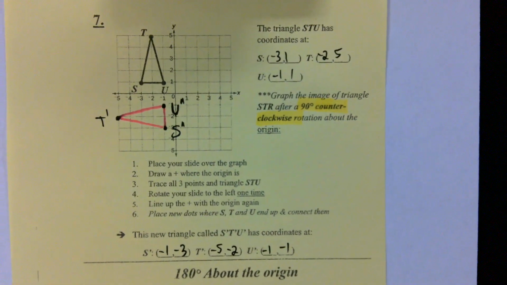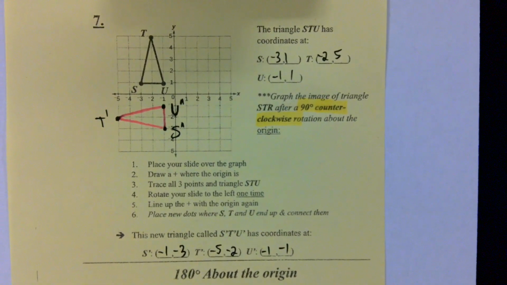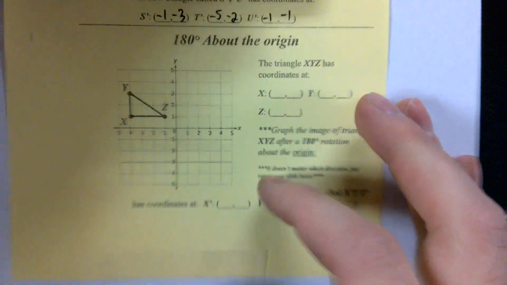So there's our 90-degree counterclockwise rotation. Now let's go ahead and close it out with a 180-degree rotation about the origin.